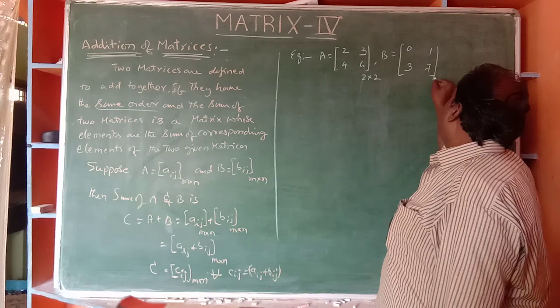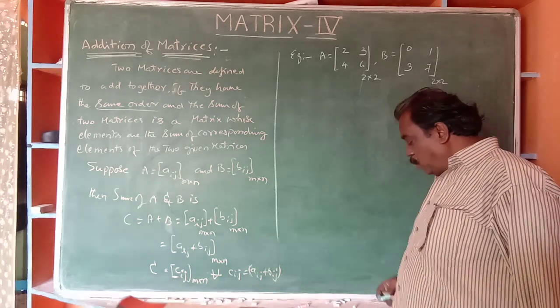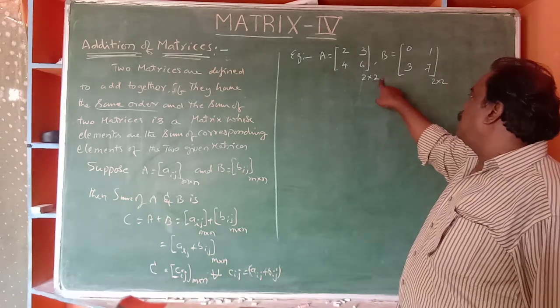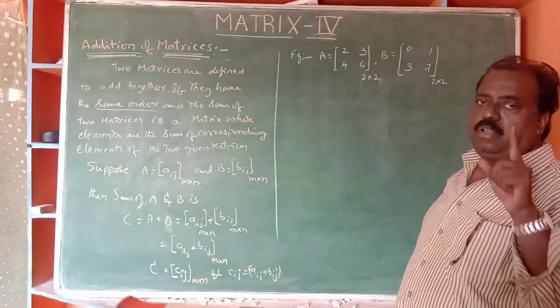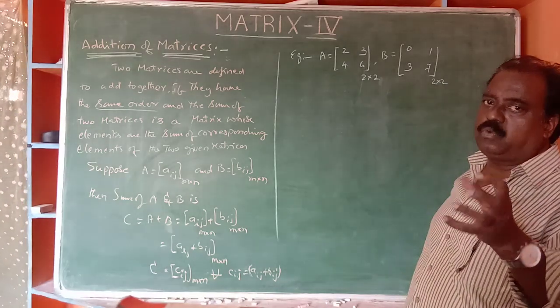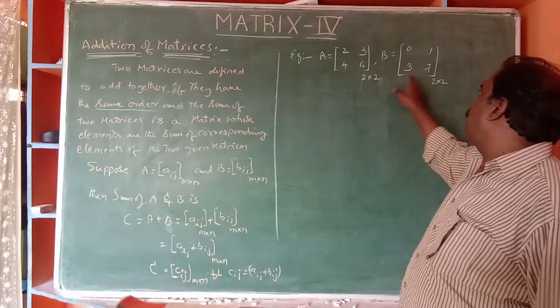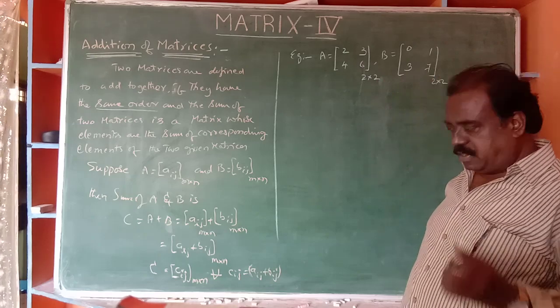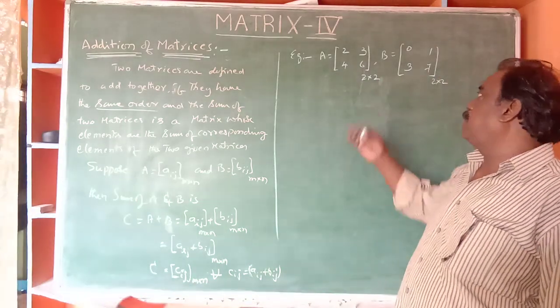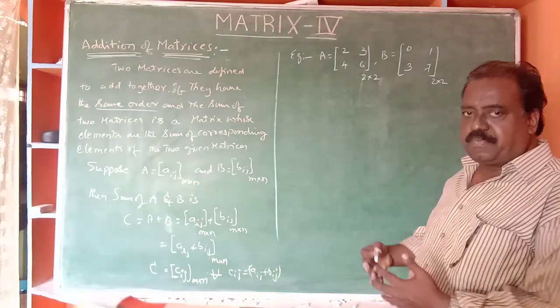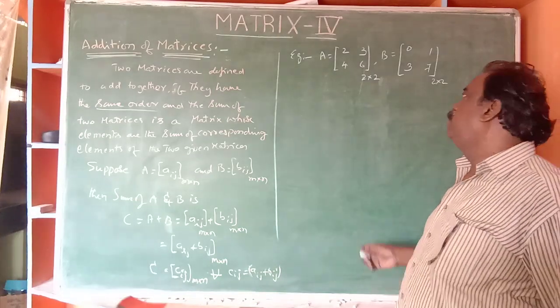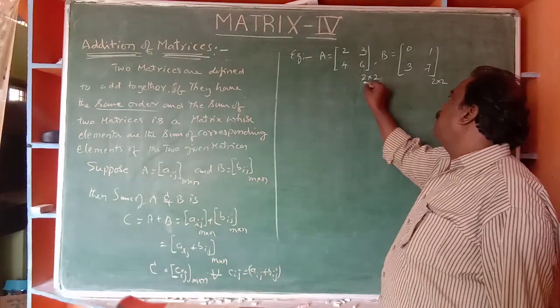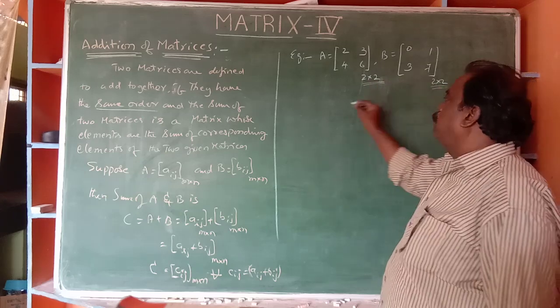It is also 2 by 2. The order must be the same; then only we can make the sum of two matrices. If the order is not the same, it is not possible. The matrices are not defined to add together. But here the orders are equal.